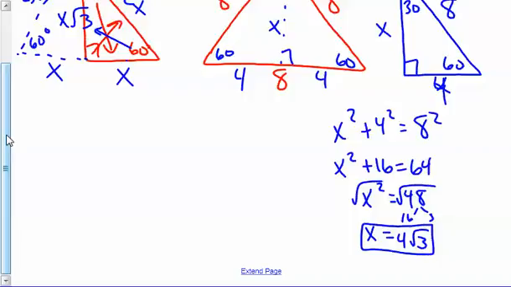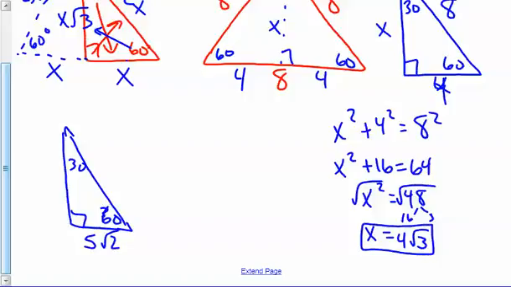So let's look at what happens when I give you not so nice of a number. Let's say 5 root 2. Well, if that's 5 root 2, the hypotenuse has to be 10 root 2.